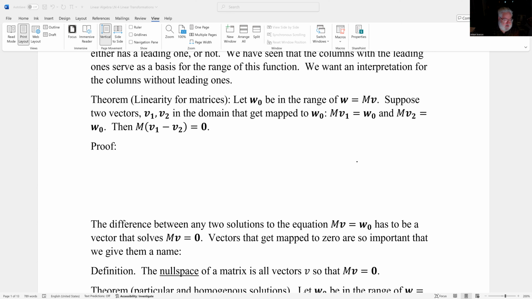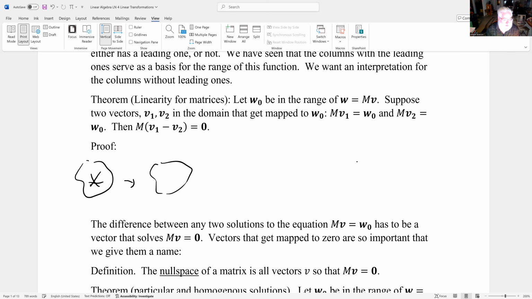So we have a function, it takes our vector space to another vector space, and we have some W0 in the codomain, and we have 2 vectors, V1 and V2, over here in the domain, and they both get mapped to the same place.